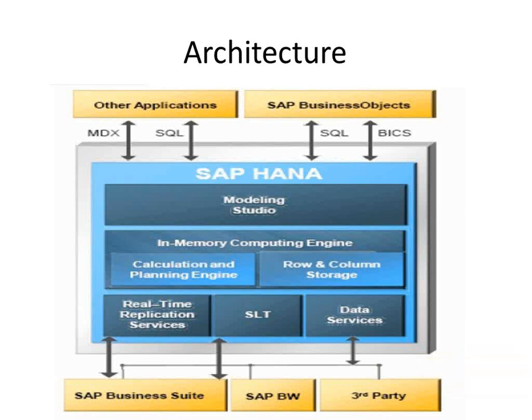All right. SAP HANA is basically a database, and it understands native SQL. All right. So the data has to be converted. If it's coming from Business Objects, it has BICS as the proprietary connection tool. So it has to convert the BICS into SQL. It has to convert MDX from Excel into SQL, native SQL.